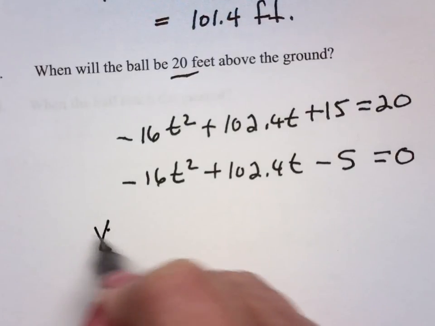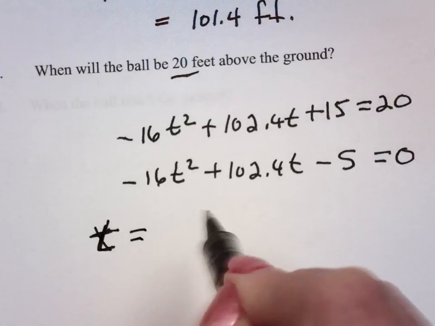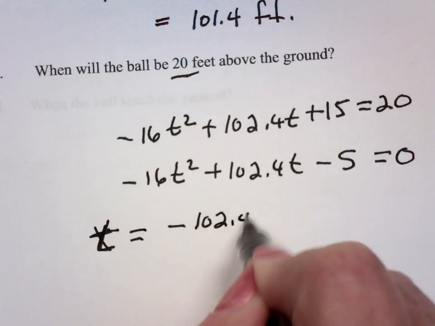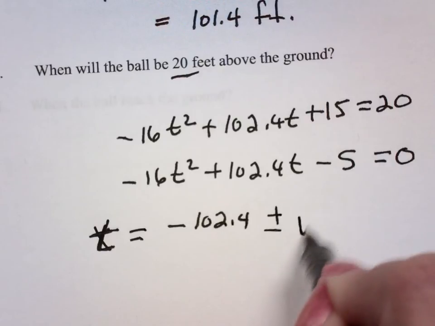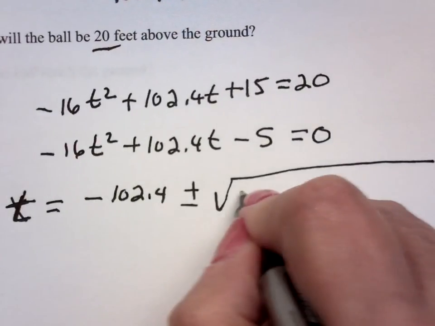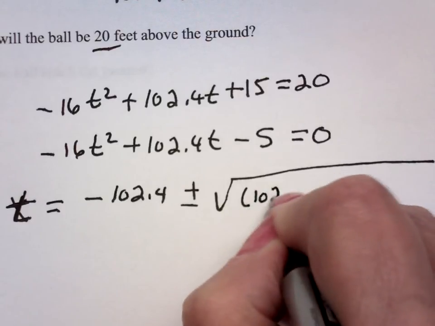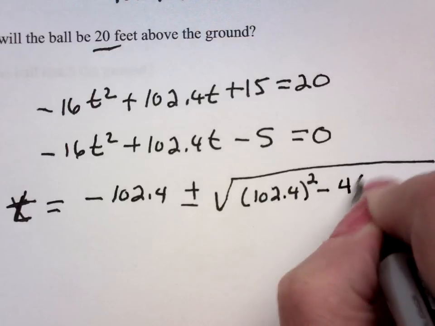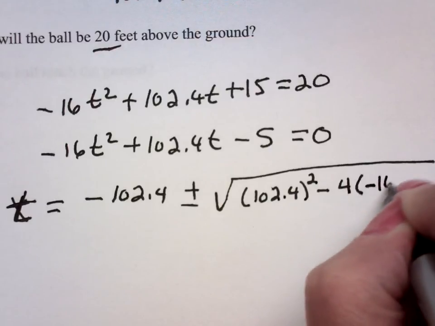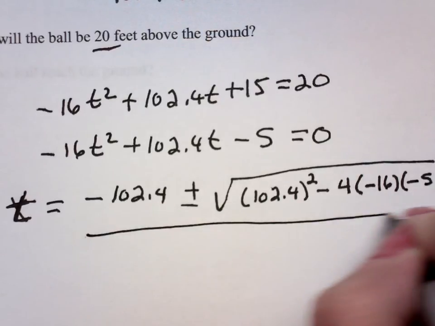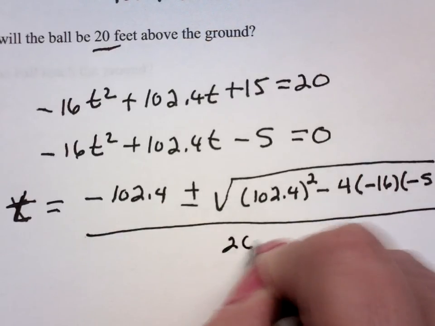So t is going to be equal to minus b plus or minus the square root of b squared minus 4 times a times c, all over 2 times a.